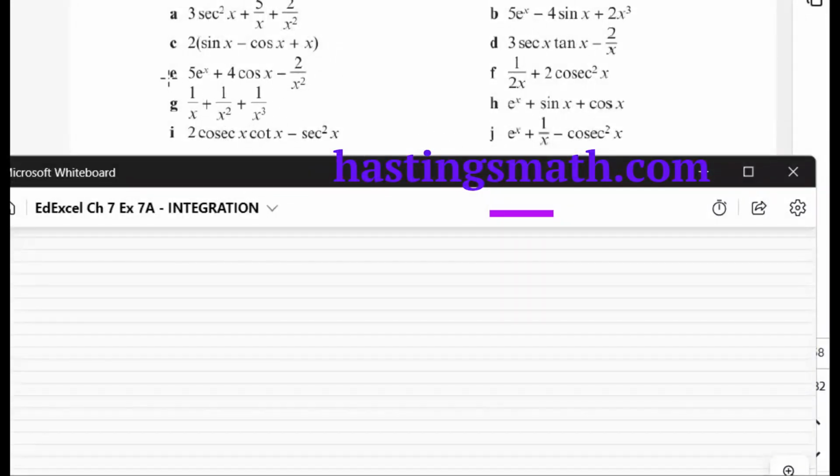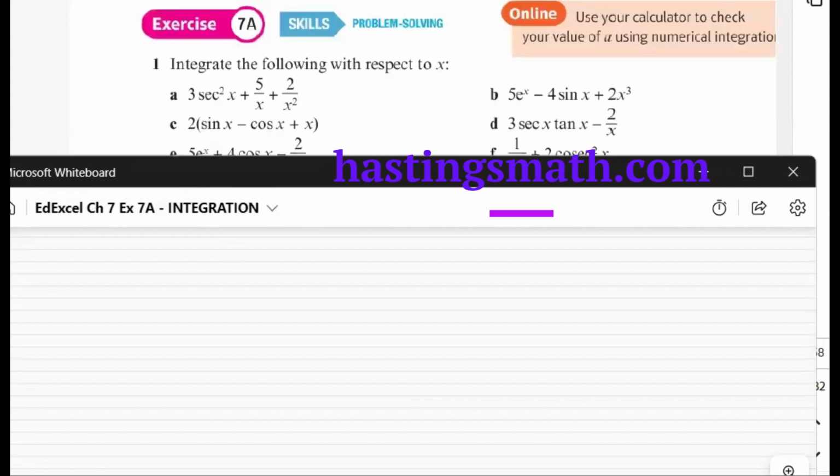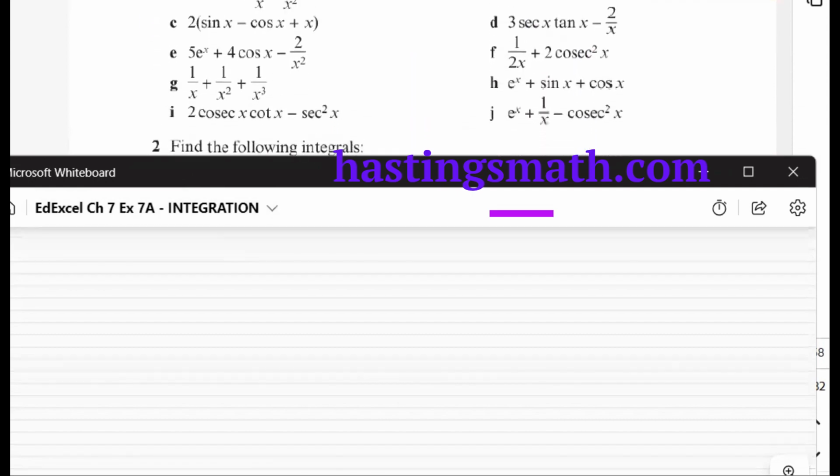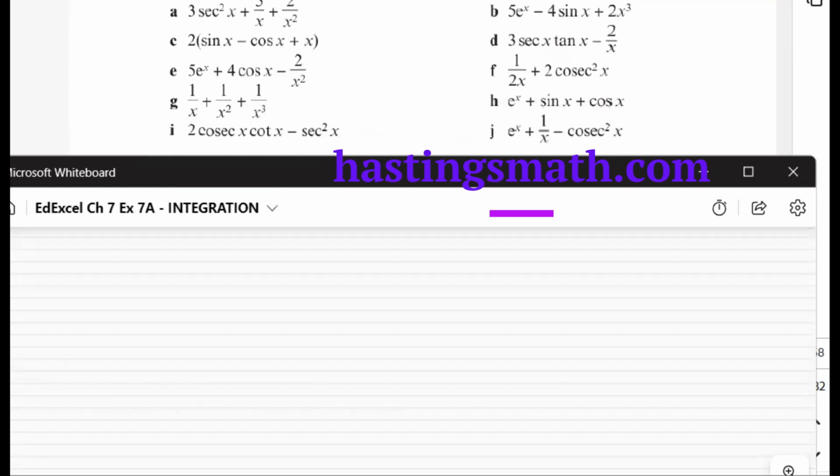Taking a look at the rest of question 1a, I see that the rest can all be taken care of with that list I just shared. So I'm going to conclude 7A question 1 with just those few examples.